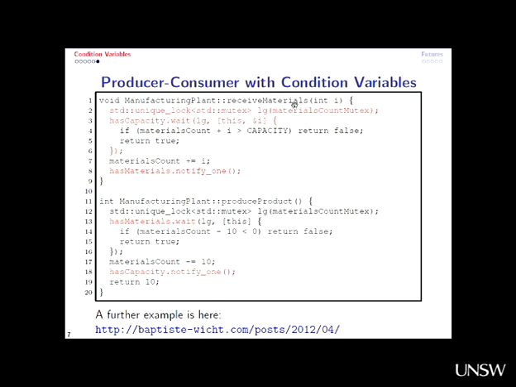So the receiveMaterials and produceProduct functions are talking to each other through these condition variables. This is much easier, cleaner, and more bug free than creating a receiveMaterials function, a produceProduct function, a built-in value yourself with a mutex that says I have stuff, then locking, setting, and unlocking it and busy waiting, and all the drama we had with the first suggestion.